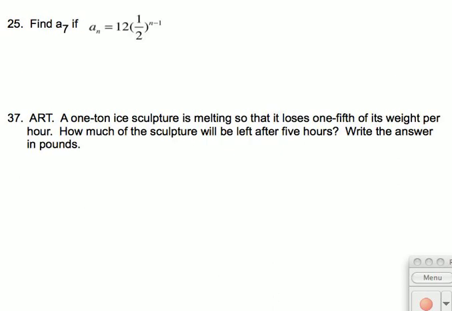The next problem asks us to find a sub 7 if a sub n is equal to 12 times 1/2 raised to the n minus 1. So on this one, a sub 7 tells me I'm looking for term 7. That's my n value, so I'm going to substitute it in. I take 12 times 1/2 to the 7 minus 1.